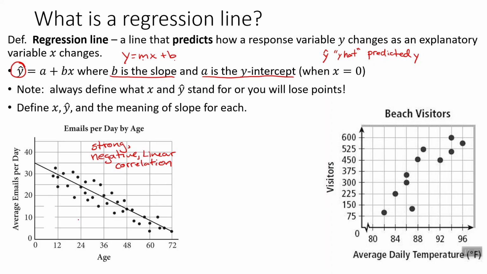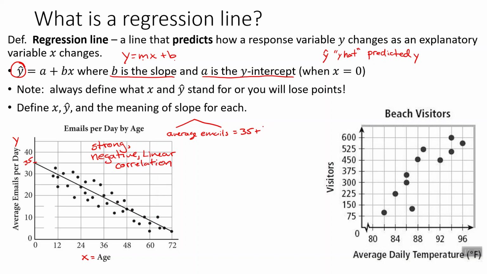All right, so now our x is going to be age, and our y is going to be average emails per day. So what we would do is say that the average emails is equal to some constant. It looks like it's crossing up here right at 35, so it'd be 35 plus b. I don't know what b is. We could try and calculate b, but it doesn't look exact.